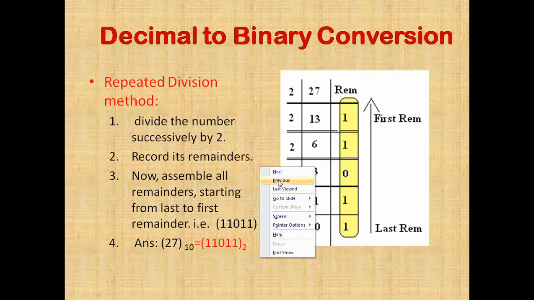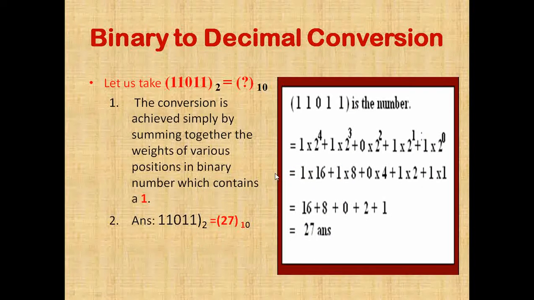Now let us see how we can convert a binary number to its decimal equivalent. Let us take the same example that we have done in the previous one.